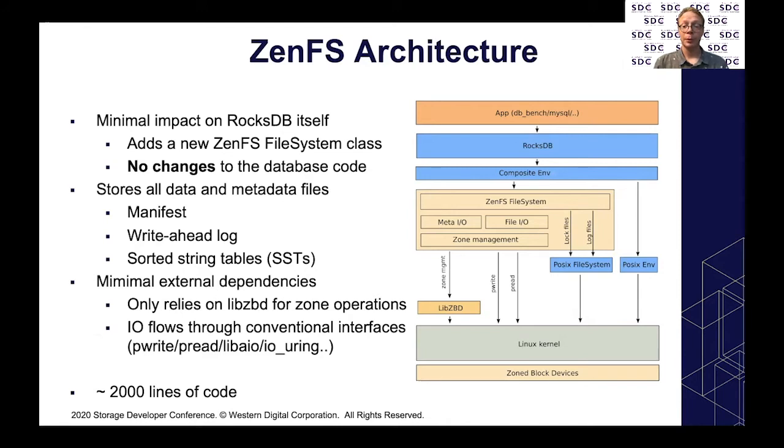Lock files are files that ensure that the database is only accessed by those who should access it, and make sure that it can be indicated that it's in use. And LOG files are used just to store log information. So currently, ZenFS does not implement support for the lock files because that might as well stay in the local file system. And the LOG files are better stored in the local file system, so they're easy to access for debugging purposes.